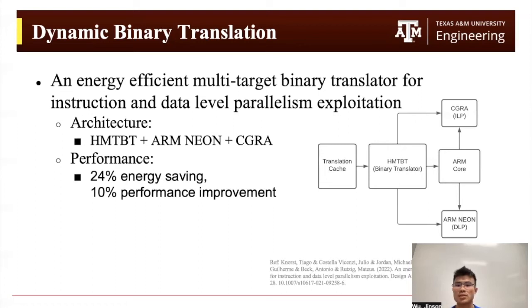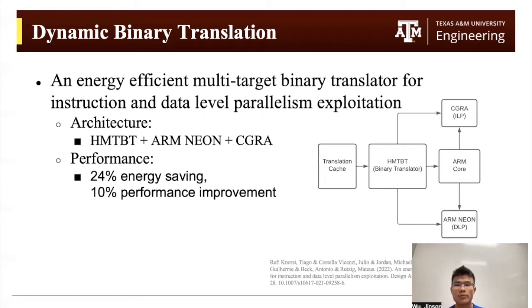HMTBT, which in this case is a binary translator, serves as the translating unit at runtime, then issues the instructions to the most well-suited accelerator. In this case, the CGRA engine will exploit ILP and the ARM Neon engine will be responsible for DLP.